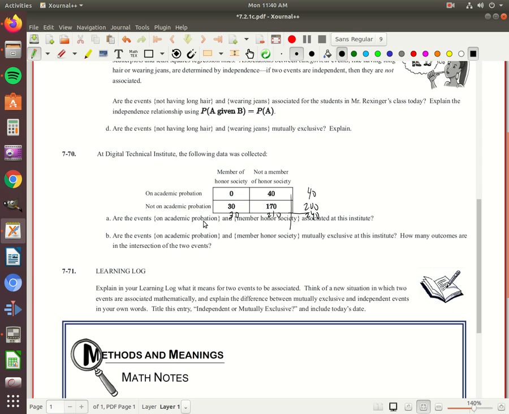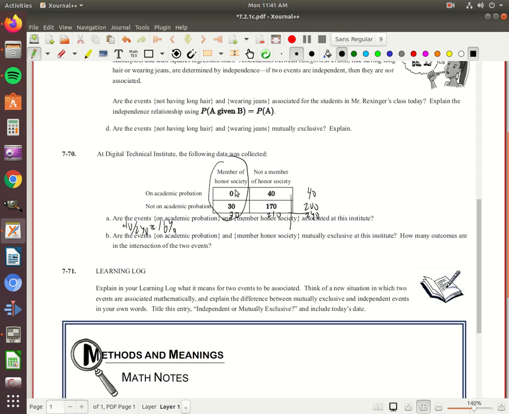So it says, are the events on academic probation and member of the Honor Society associated? So I'll ask everyone, hey, are you on academic probation? And I get 40 out of 240, which is 1/6, so that's 16%, about 16.6. Now I'll just ask the people, I'm going to assume you're on the Honor Society.